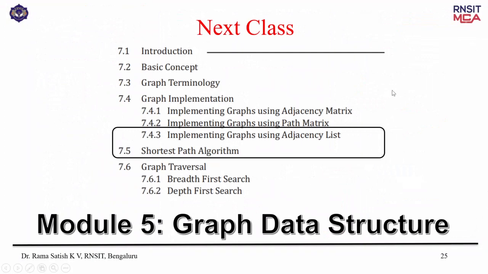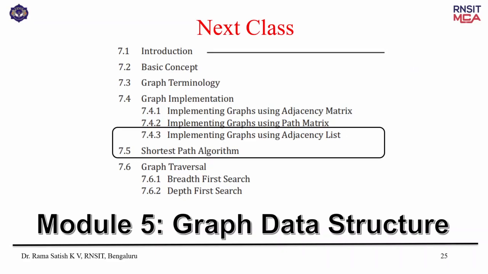In the next class, we'll be talking about implementing a graph using an adjacency list and also the shortest path algorithm. Adjacency list we understand, and shortest path algorithm we discuss. I need only 2 classes to complete this particular graph topic, one class for this and another class for this.